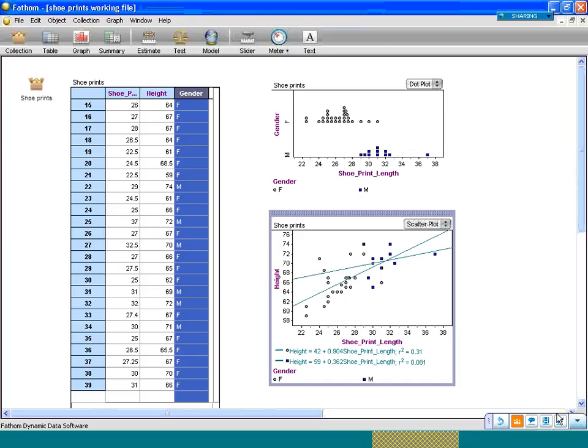Well, it brings up an interesting question. If we agree, which we didn't, that it's probably a male that did it, how far from 70 centimeters do you think that male's height is likely to be?